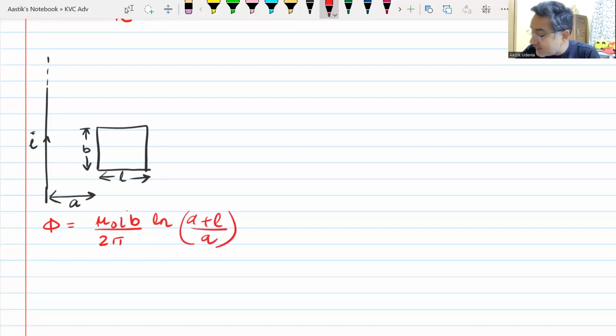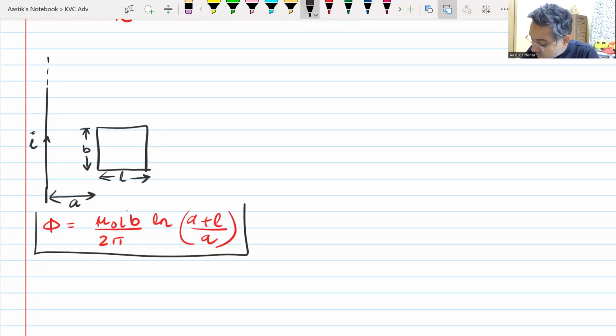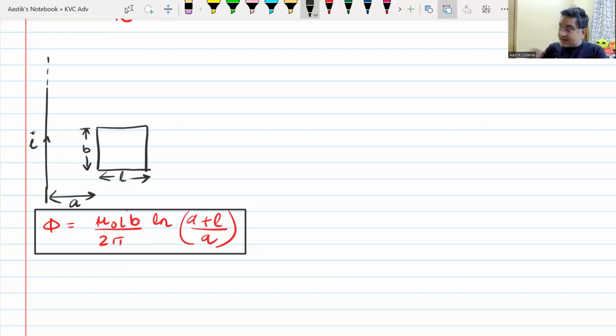This is the magnetic flux which is linked with the loop. If a question comes, you can directly note down this answer. Do we remember this? Can we remember this?